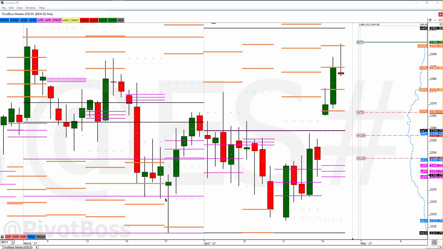Now keep in mind, look at this right here. That is the midpoint. This is the midpoint, and that's the previous close right there. Now check this out. Now keep in mind, here's a couple of things I want to share right here. If price opens the day at the midpoint, that's not a zone where you want to defend.